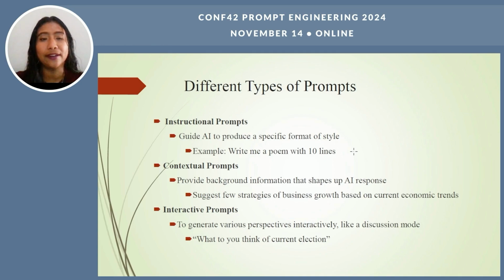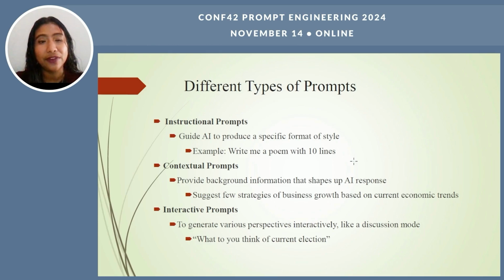For example, we can ask it to write a poem with 10 lines, or write a poem about flowers. We give some instruction to the AI, and it responds as we need. It can write stories, essays, poems, cover letters, and resumes, depending upon the input we are giving. Those are all the instructions we are giving.